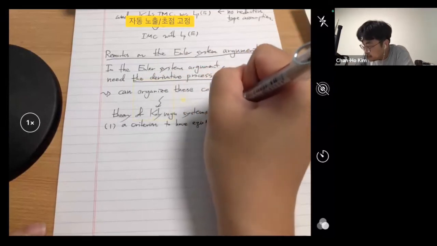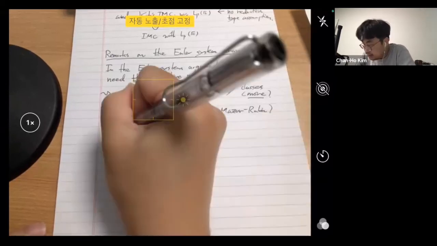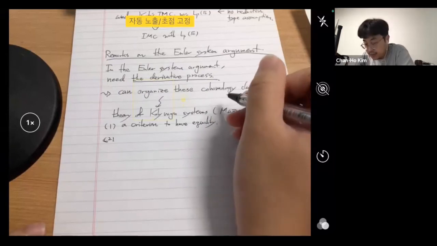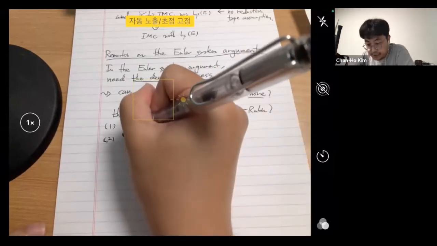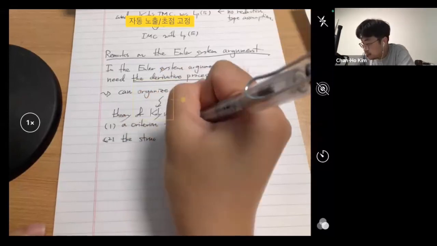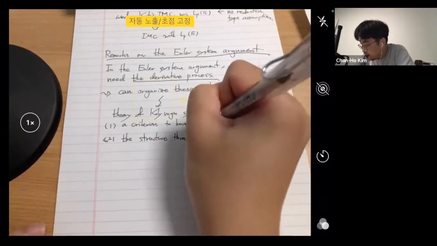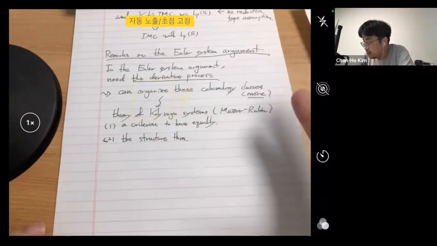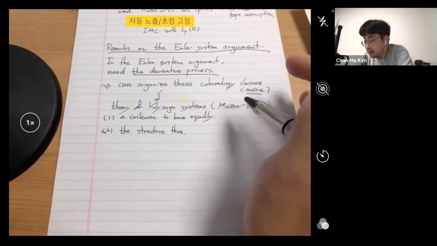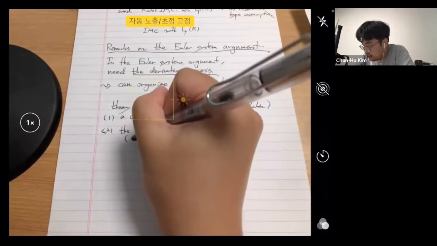And the second, not only just the upper bound, sometimes we are allowed to have the structure theorem. In the Heegner point setting, I think this kind of structure theorem was first considered by Kolyvagin.